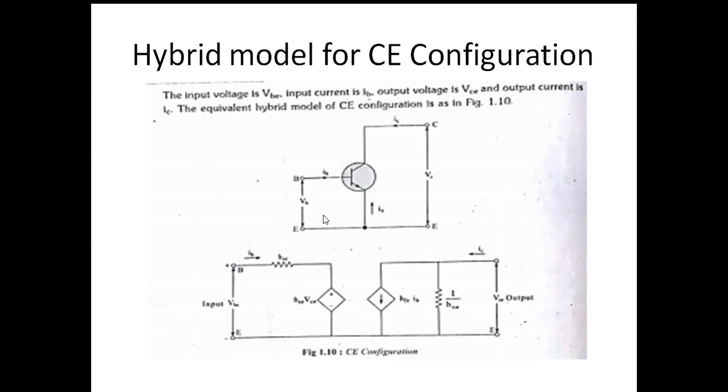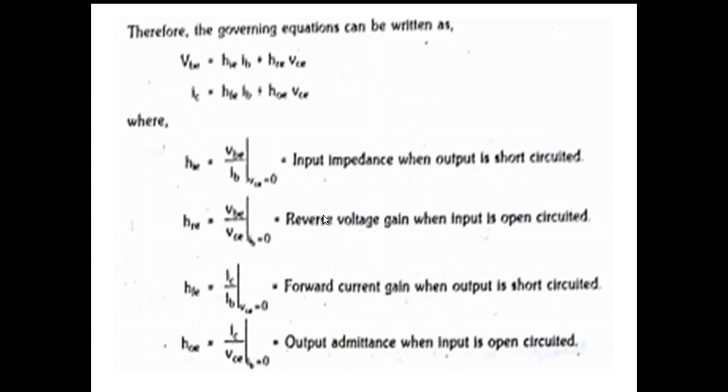The equivalent hybrid model of this configuration is drawn by using basic equations, those are the input voltage and output current equations. Input voltage is VBE, and IC is the output current.